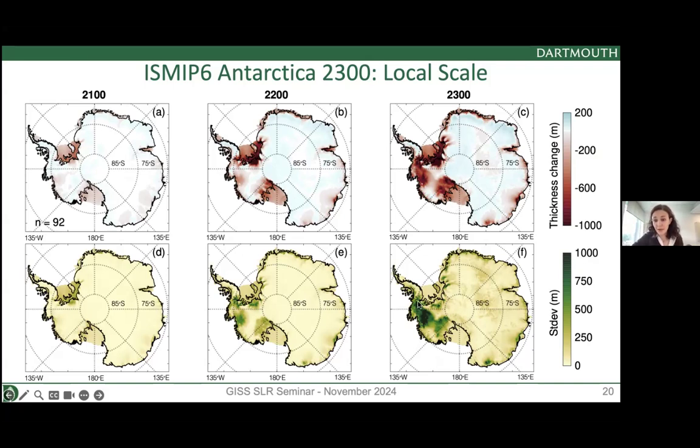If we look at the standard deviation, that's really interesting because it is almost zero on the Ross and Ronne ice shelf, because all these models simulate that these ice shelves are pretty much gone by then. Same for areas just upstream of these grounding lines, but then a lot more uncertainty and differences between the models when you look at the Amundsen Sea region.